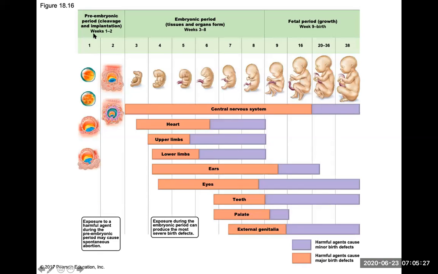So these are the pre-embryonic period, cleavage and implantation within 1 and 2 weeks, and the embryonic period, and it's showing how harmful agents can cause minor birth defects later in pregnancy, and how harmful agents can cause major birth defects earlier in pregnancy, shown more on the left side.